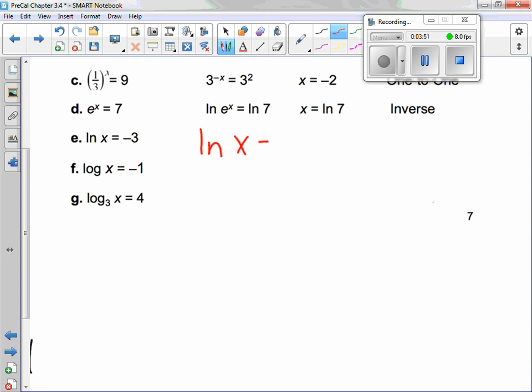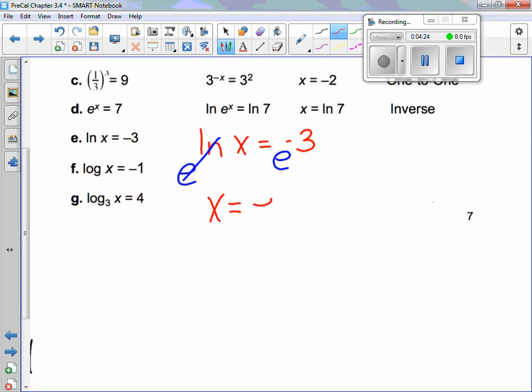ln of x equals negative 3. Well, we know that when the base and the number inside the log are the same, they cancel out, yes? Now it also works out that if I take e to the ln of x, these would cancel, leaving me with just x, yes? Because I can put both sides to that power, and if the base and the number it's been put to are the same, it'll cancel out. But if I do it to one side, I have to do it to the other.